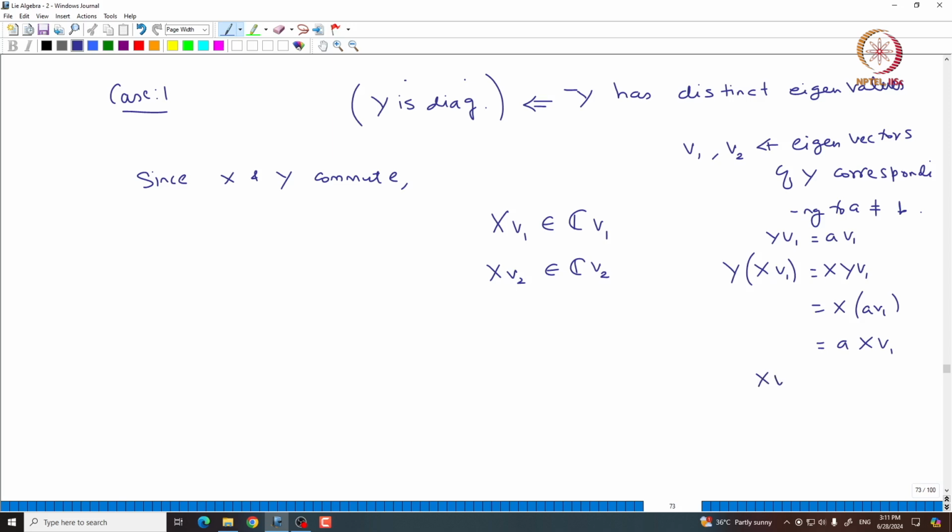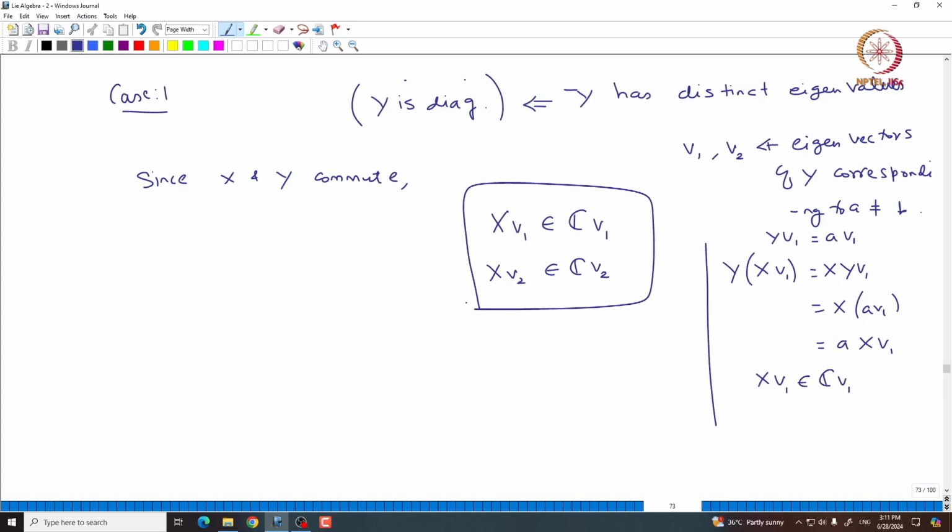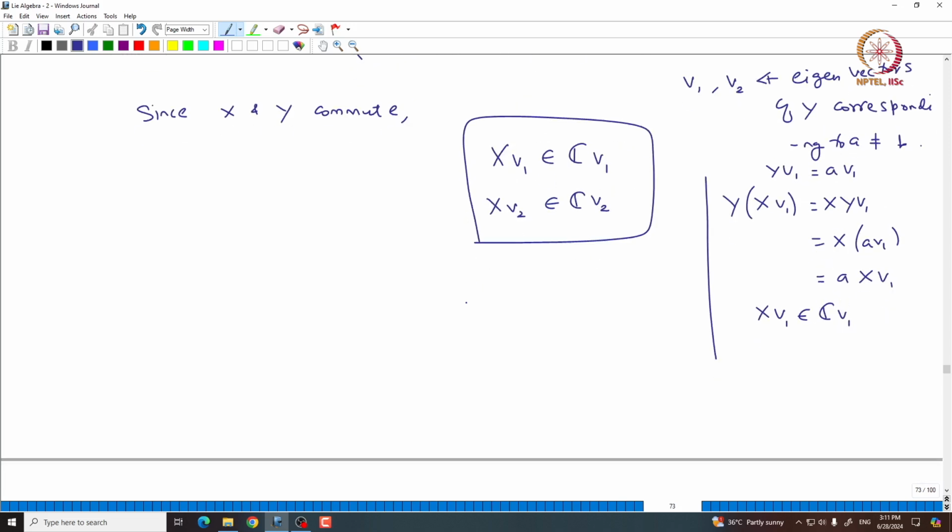So, that forces x V1 to be an element of this one dimensional space C V1. Similarly, we get x V2 inside C V2. So, that means x must be diagonalizable.